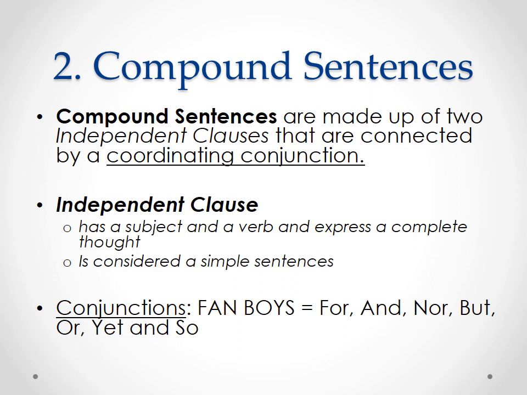Now next, compound sentences. A compound sentence is two simple sentences joined by a conjunction. Compound sentences are made up of two independent clauses that are connected by a coordinating conjunction. Now what is an independent clause? An independent clause is a clause that has a subject and a verb and expresses a complete thought, and it is also considered a simple sentence. And now what are coordinating conjunctions?